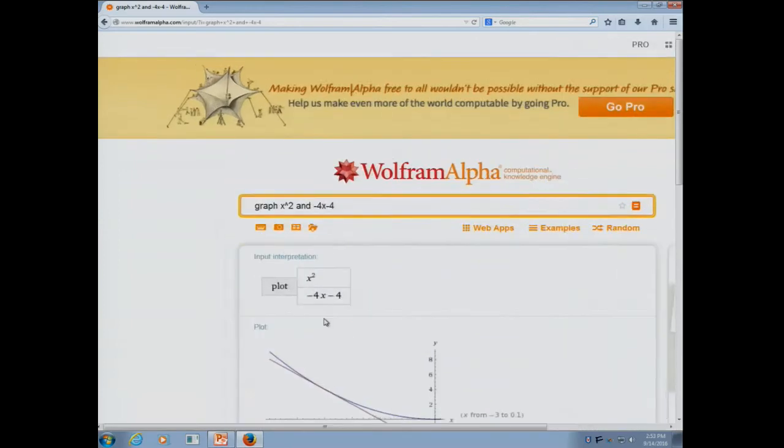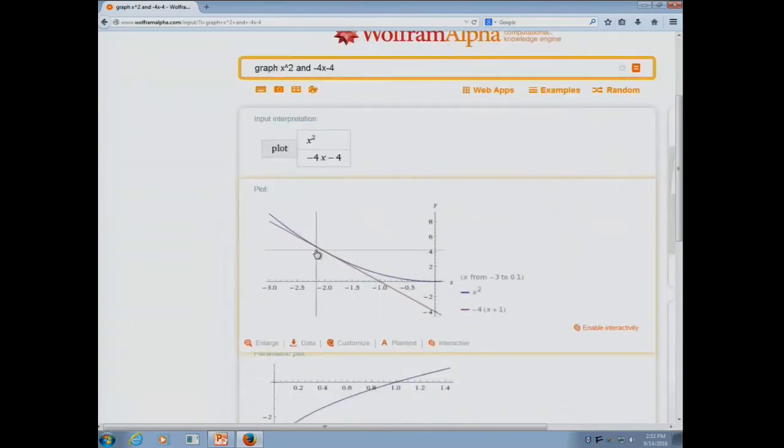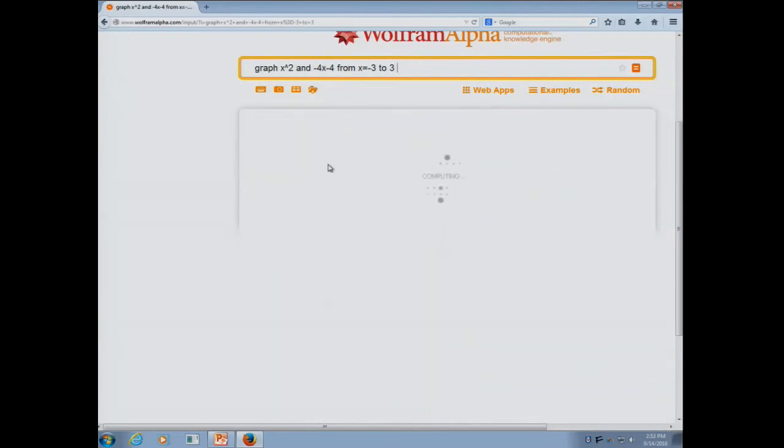So not necessarily the graph that you saw. They just gave us a piece of it, but it really does look very much like a tangent line. And if we want to change our scale, I can do that. Let's say from x equals minus 3 to 3. And let's see if that looks any better.